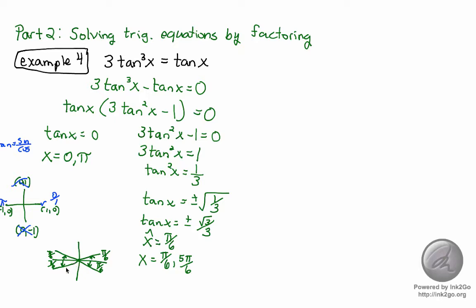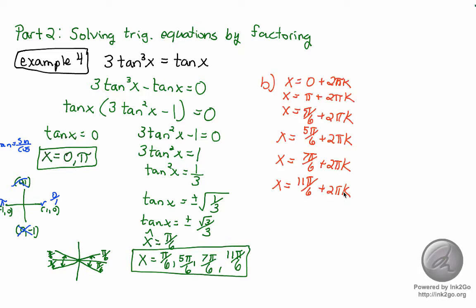And then pi plus pi over 6, which is 7 pi over 6. And then 2 pi minus pi over 6, which is 11 pi over 6. So part A, all the solutions on the interval from 0 to 2 pi are these 6 answers.